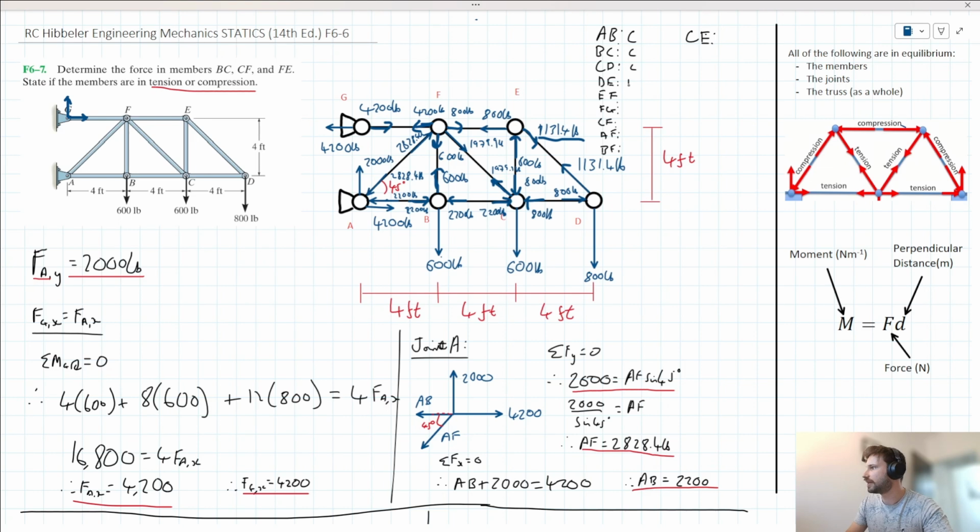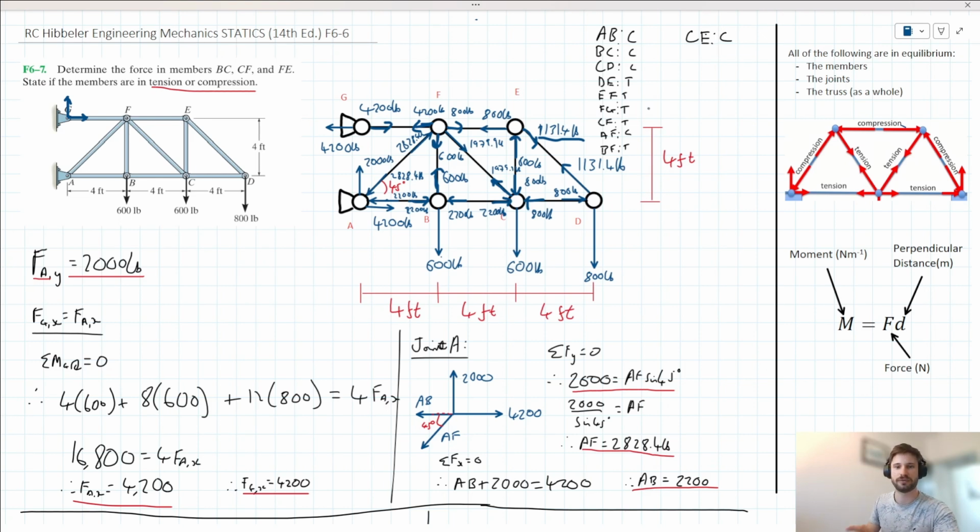DE is in tension. EF is in tension. FG is in tension. CF is in tension. AF is in compression. BF is in tension. And CE is in compression.